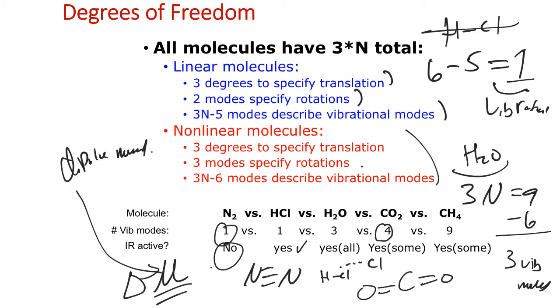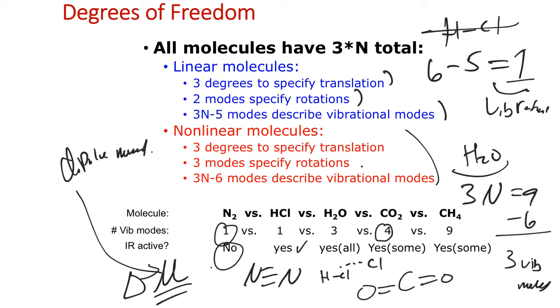Now, water is probably not so surprising that all of its modes are IR active, given that it's a nonlinear molecule, and it also is a molecule that has a certain polarity associated with it. And so if you change the bond lengths, you're vibrating those bonds, all the modes are going to be IR active.